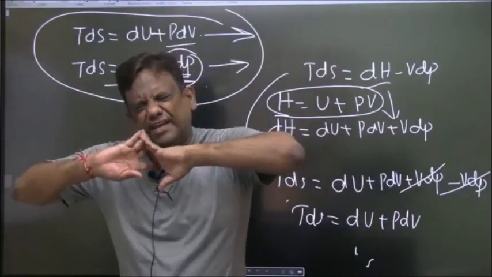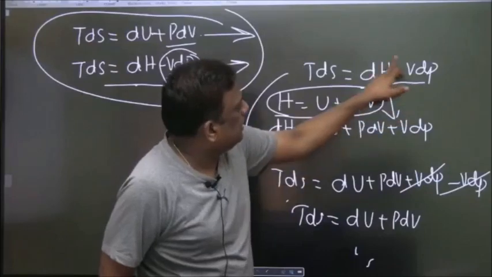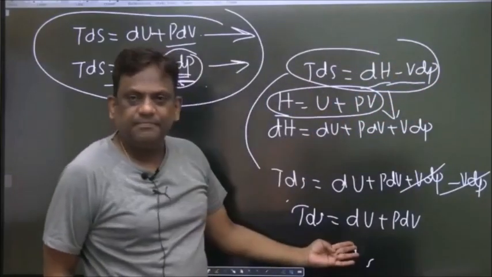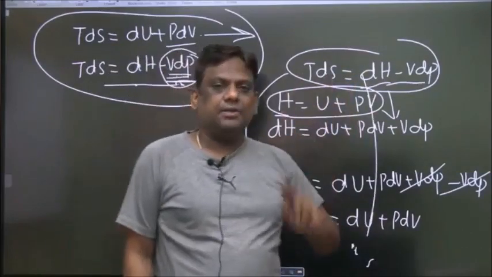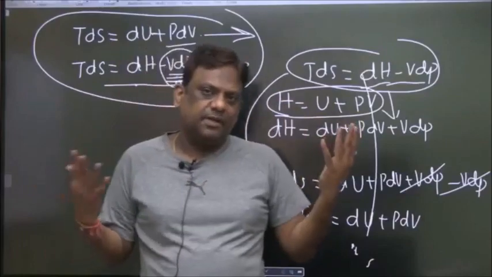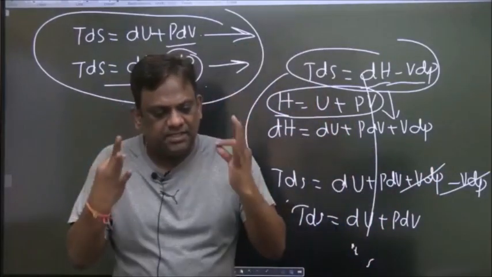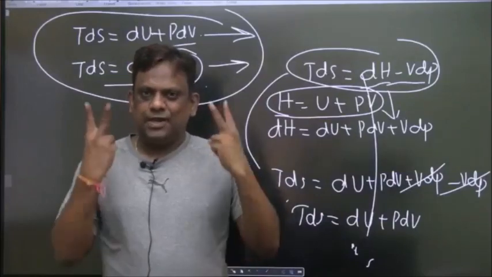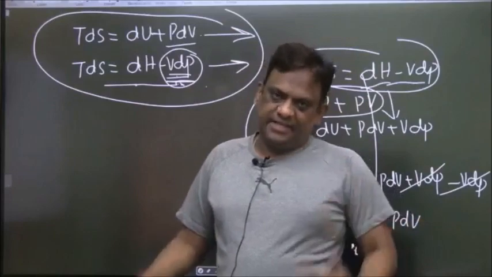You have every liberty to use them. Suppose this is for open, but I got this, and this was closed. You may be thinking it is wrong. So both are used for open, both for closed, both for reversible, both for irreversible, both for any working fluid. This is the beauty of the equation. So now we have two strong weapons without any limitations.